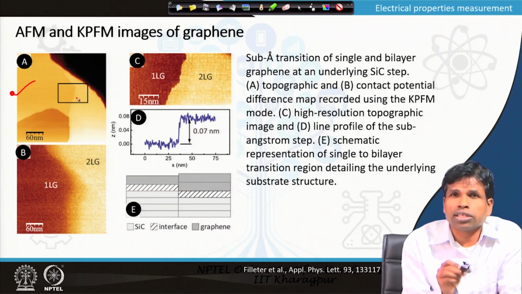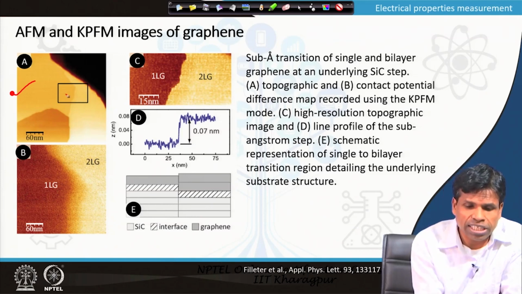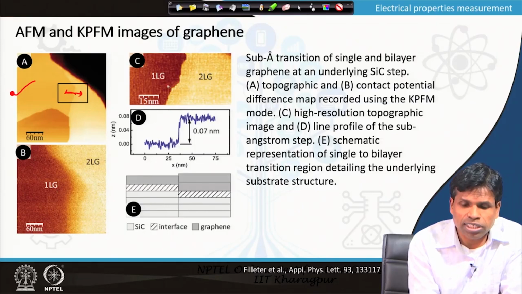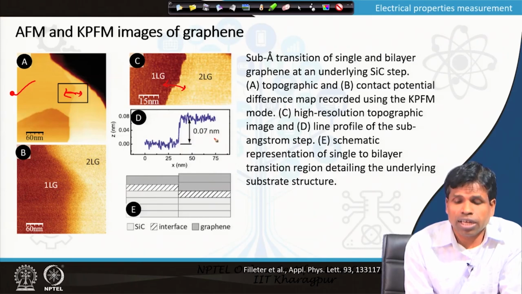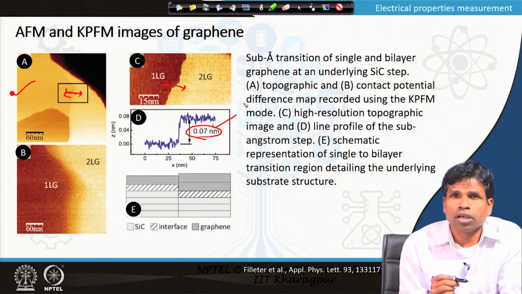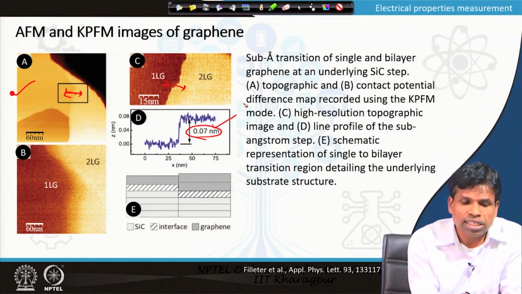It will just say it is a height difference. By measuring this height difference in the high resolution image, it is found to be 0.07 nanometer, and this does not reflect one single layer of graphene. This is smaller than one single layer of graphene. So, it cannot be told that this is two layer graphene and this is one layer of graphene.